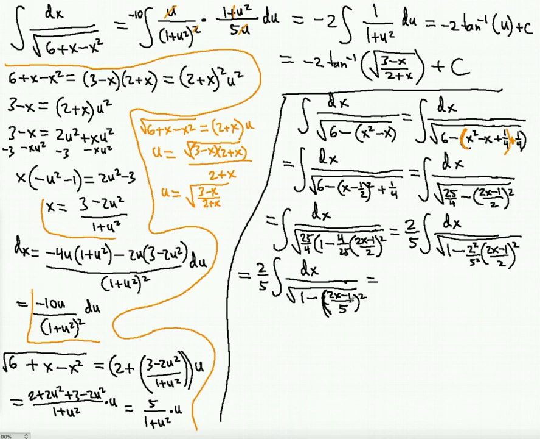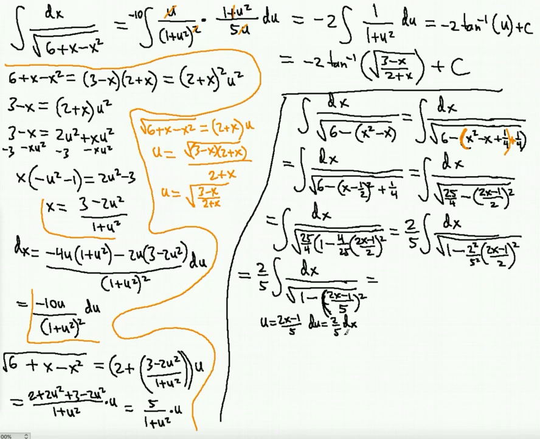So now as a result, this is ready for another substitution that you're going to use for the arcsine antiderivative, right? So setting, let's say, u equal to 2x minus 1 over 5, the du is going to be 2/5 dx.